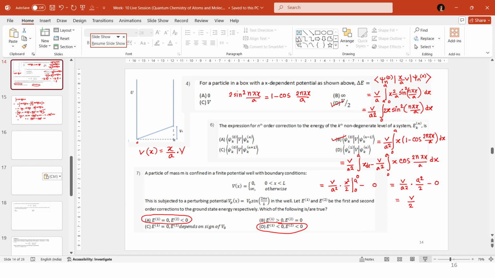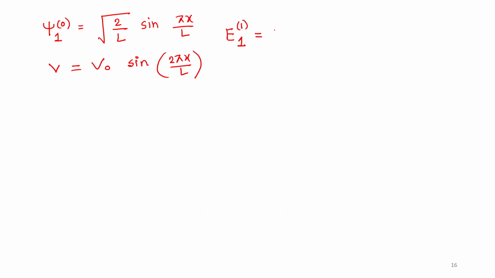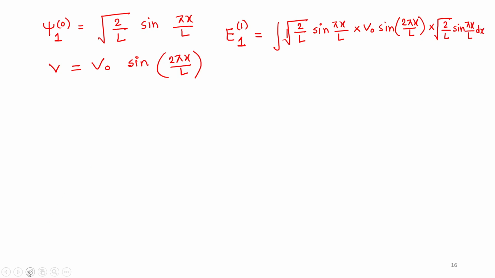If I write it out, I have root over 2 by L sine pi x by L, multiplied by V naught sine 2 pi x by L, multiplied by root over 2 by L sine pi x by L dx, right? And x goes from 0 to L, right?